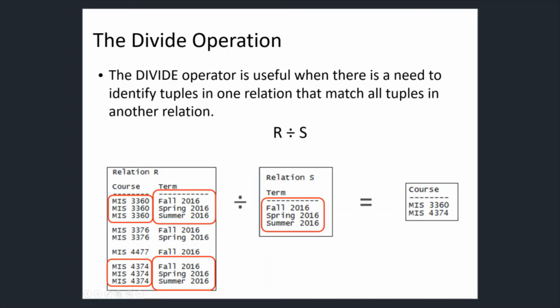And what we're looking for is a course that has all of the terms contained in relation S. And so the resulting relation is a single attribute relation, course, that contains courses that are offered in fall, spring, and summer 2016. And so it's MIS 3360 and 4374.